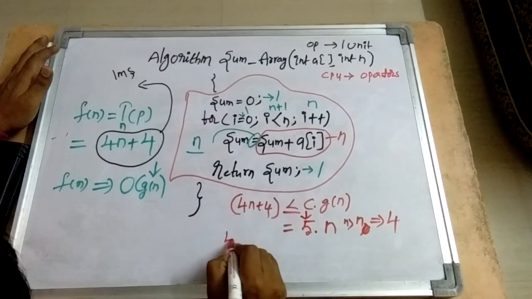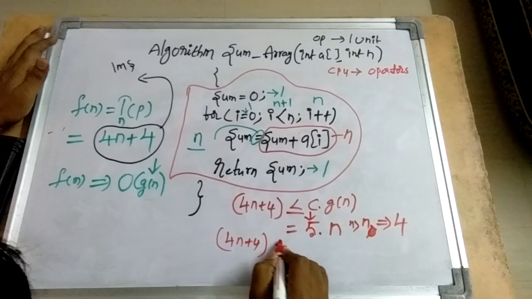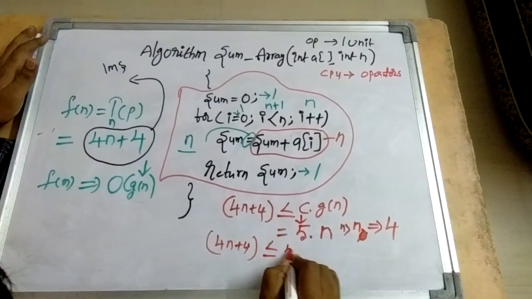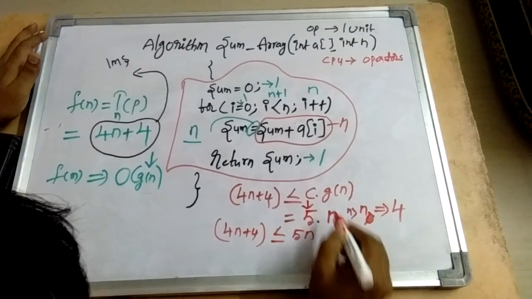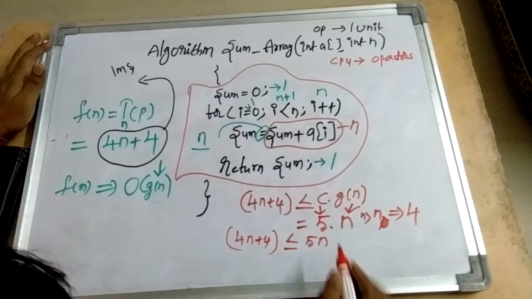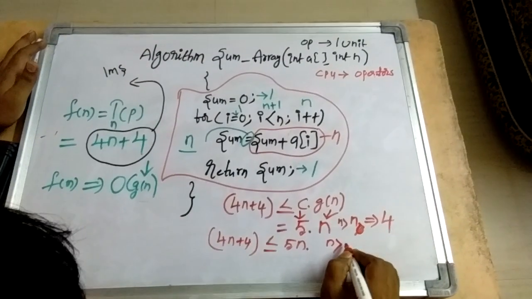Now you see, 4n plus 4 is always less than or equal to 5n, where constant c is equal to 5. Now g of n is n. Fine. Then n naught value, n naught means n greater than 4.